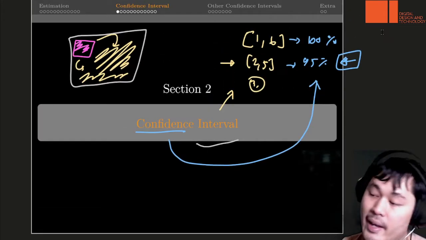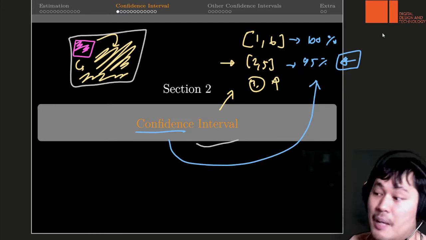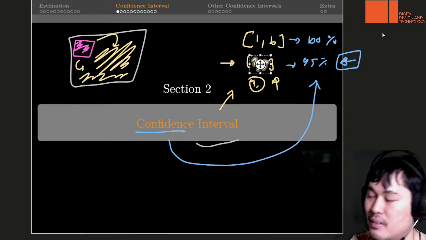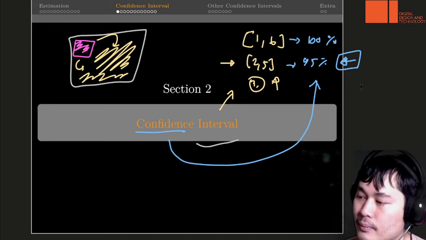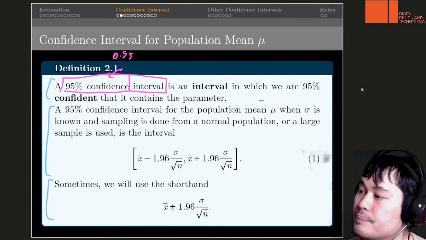So if we go back here, if we say 2 to 5, then that means we are 95% sure that the number of balls in the bag is between 2 to 5. So that's the confidence interval.